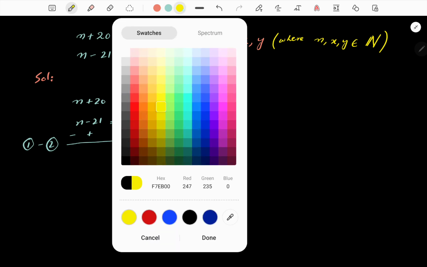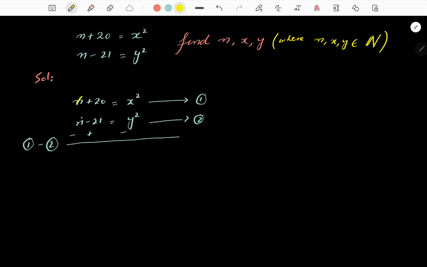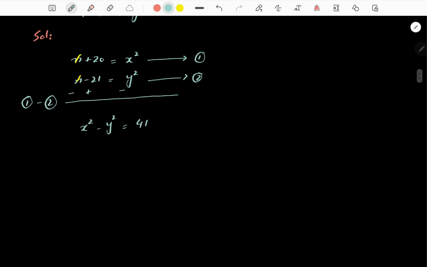Here n will be cancelled out with n and we will get x square minus y square is equal to 41, which can be written as x minus y into x plus y is equal to 41.